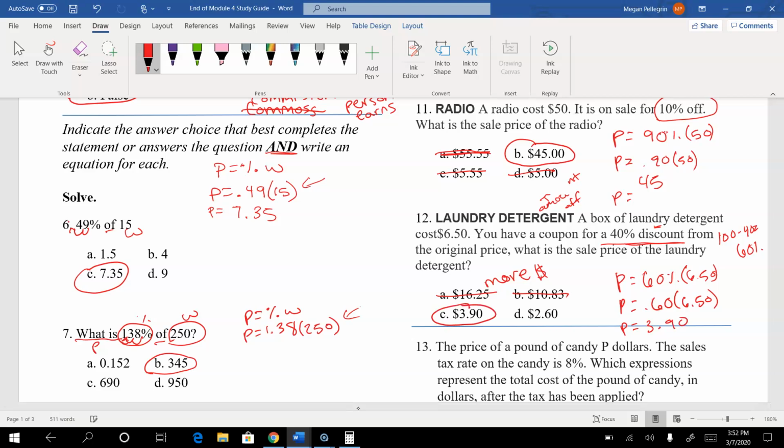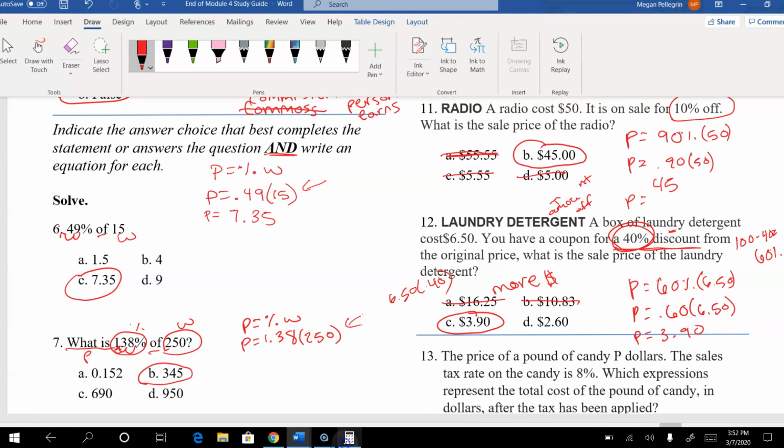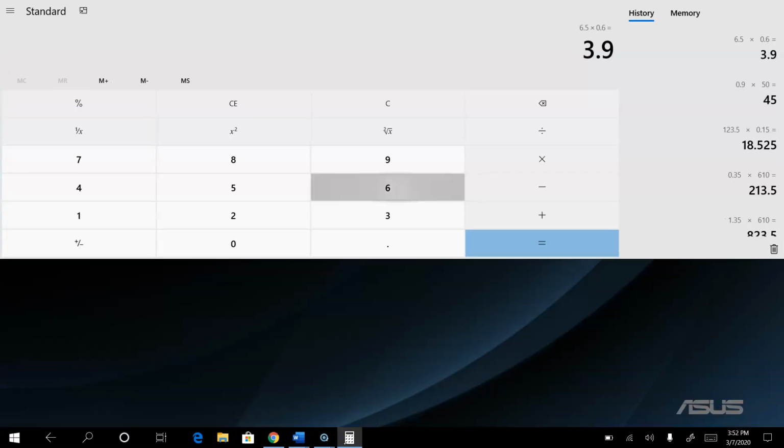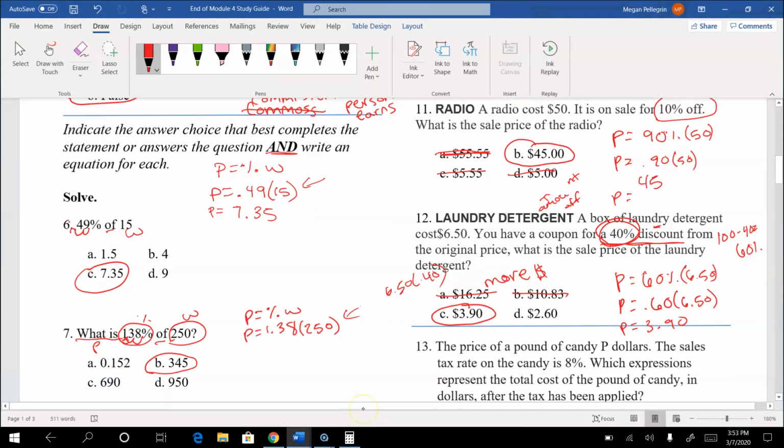And I just want to show you, if we multiplied times 40%, that was in there. 650 times 0.40. We're probably going to get the other answer. $2.60. Yes.